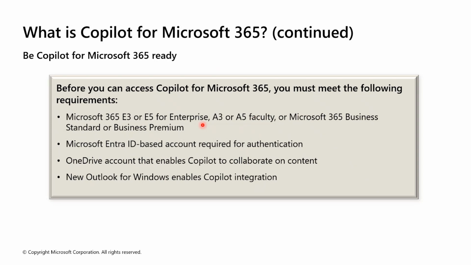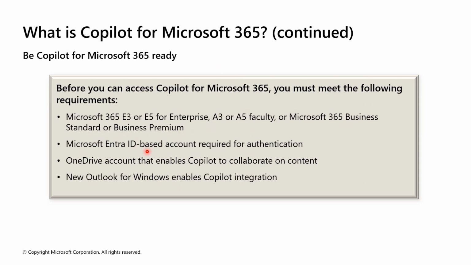First of all, you need a Copilot for M365 license, which requires a base license like Microsoft 365 E3 or E5, or similar. If you are faculty, an A3 or A5 license will apply. For a small organization, there would be Microsoft 365 Business Standard or Business Premium licenses.